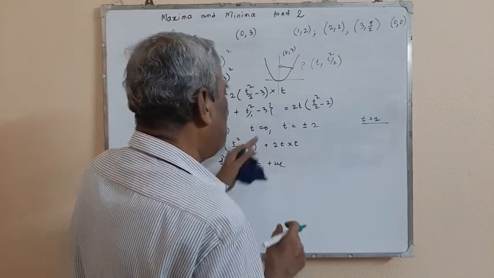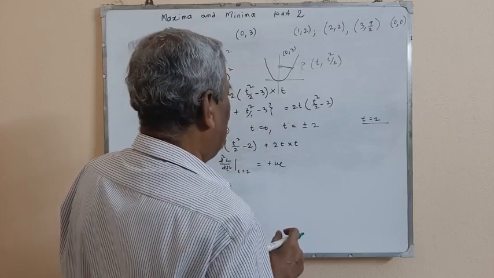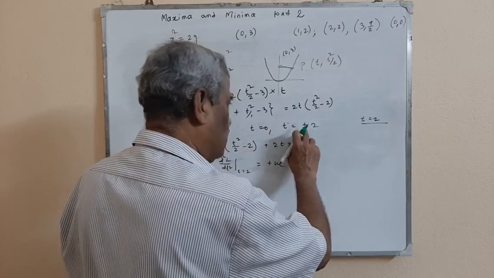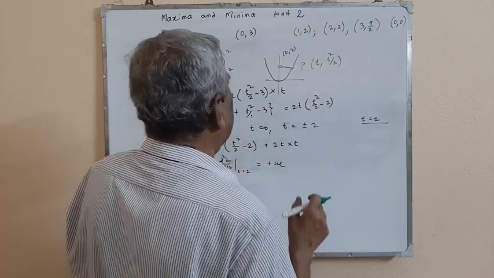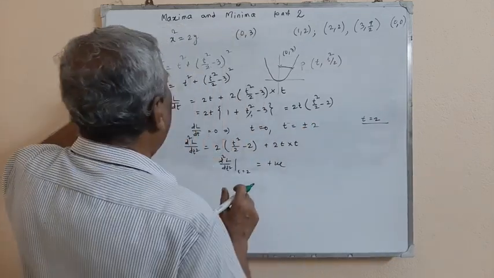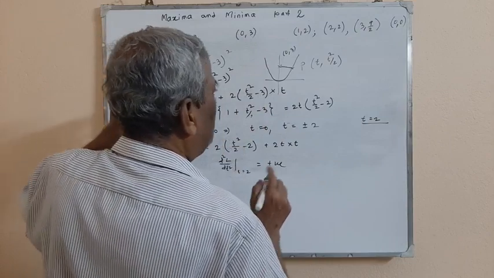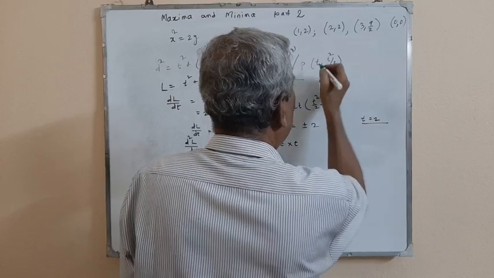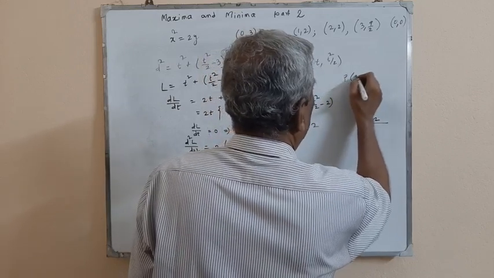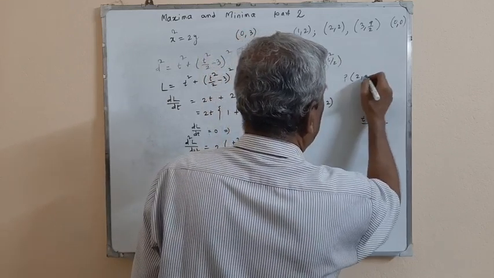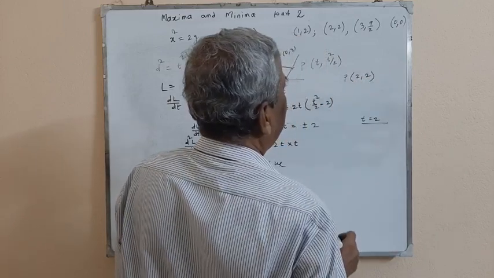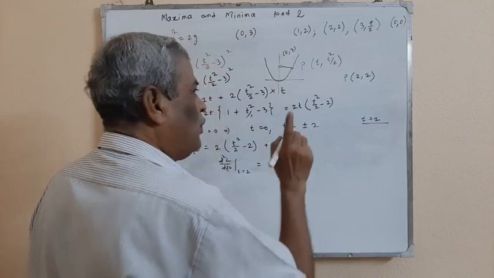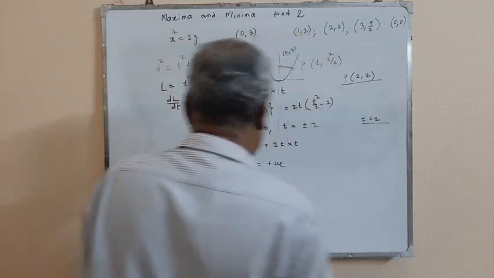No need of testing for t is equal to minus 2. Our point is t and t square by 2. At t is equal to 2, the point P is 2 and 4 by 2, that means 2. So I got this answer.